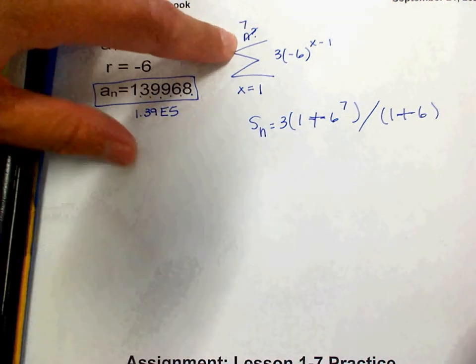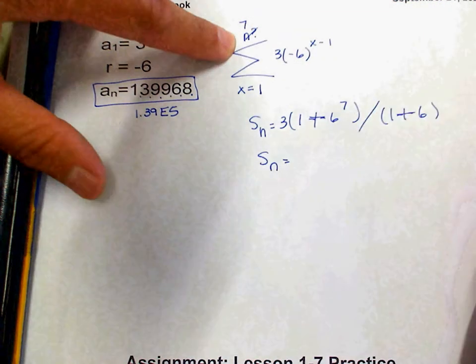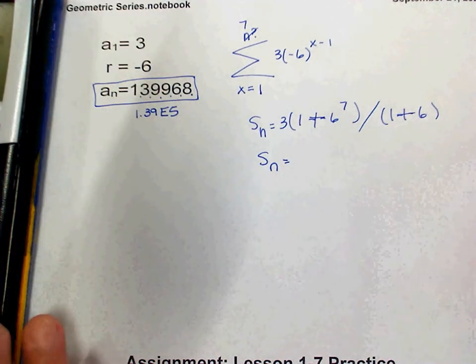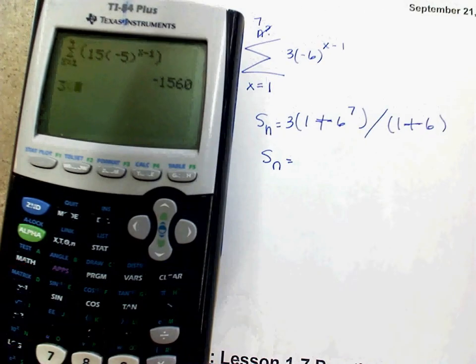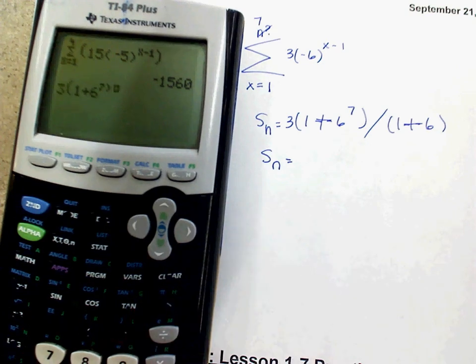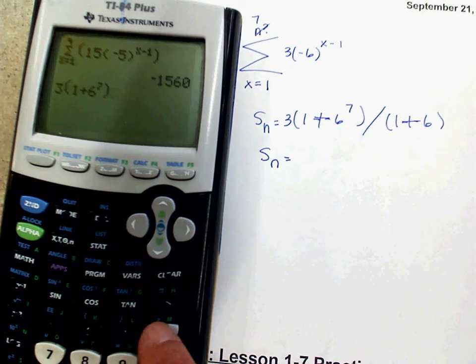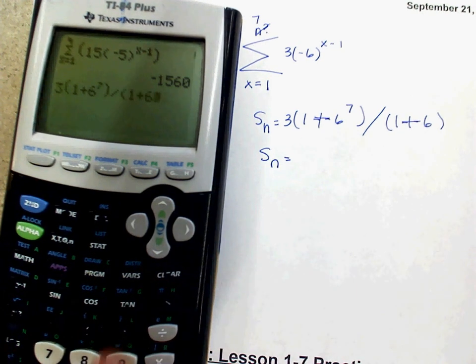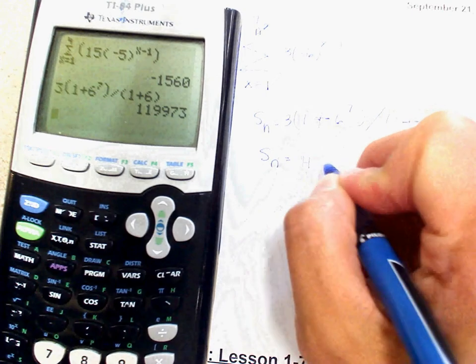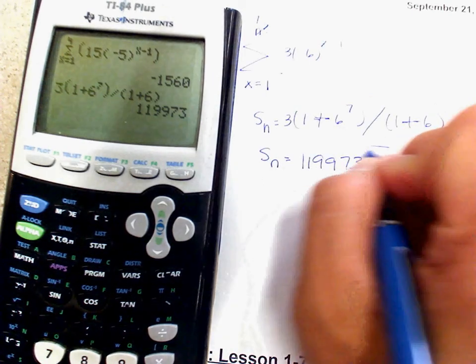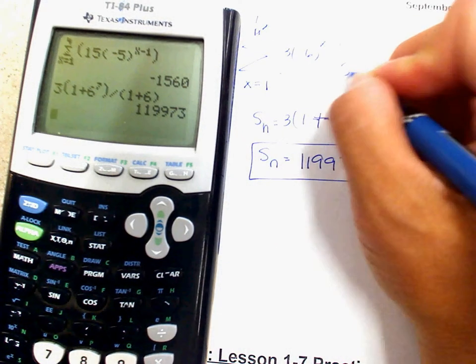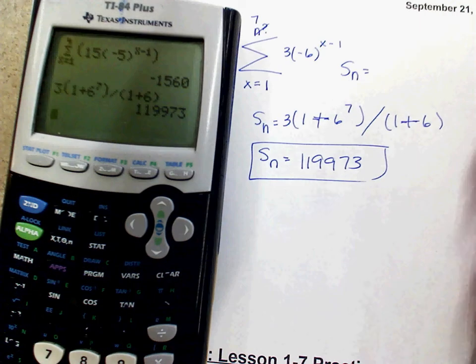So 3 parentheses, 1 plus 6 raised to the 7, right click, in parentheses, divided by parentheses, 1 plus 6. 119973. Is that what you got? All right, 119973. Either method is going to work.